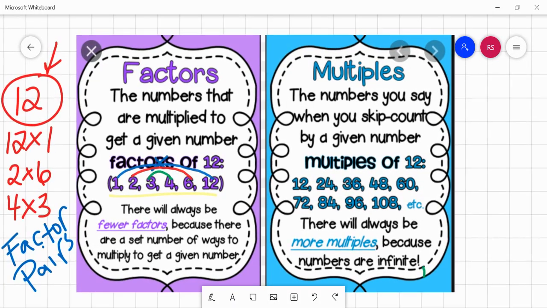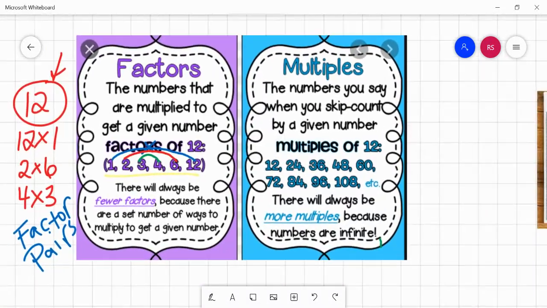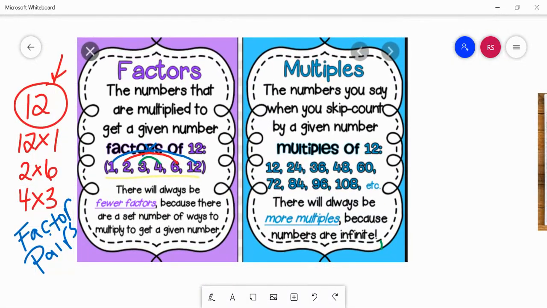Whenever you are thinking about multiples, we can think of these two different ways. We can think about skip counting, like we just did, or when I am trying to find multiples, I'm going to take my number, which here is 12, and multiply 12 by 1, by 2, by 3, by 4, by 5, by 6, and so on.